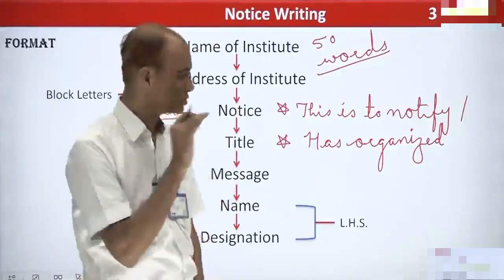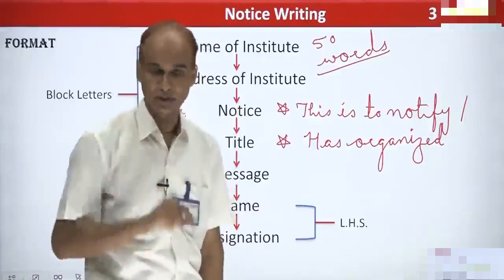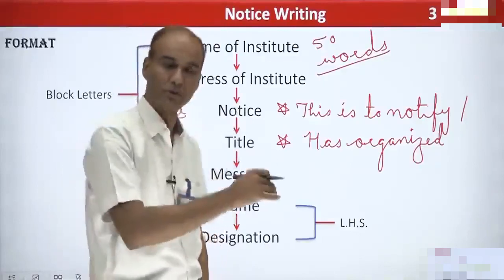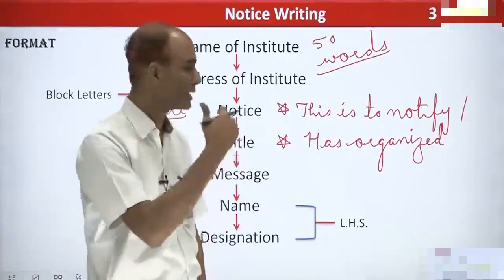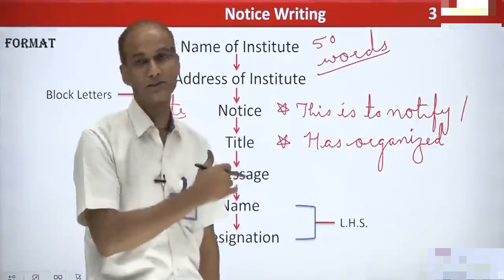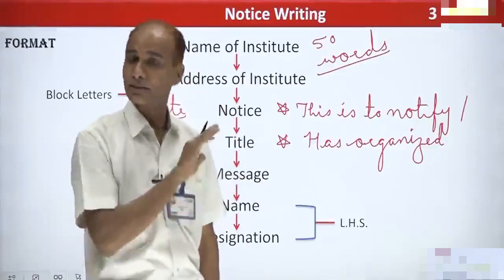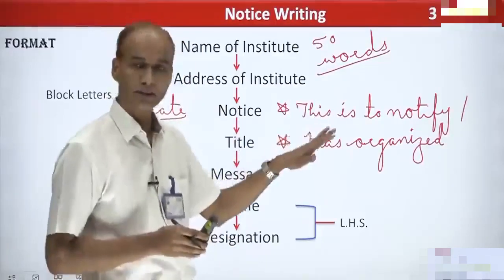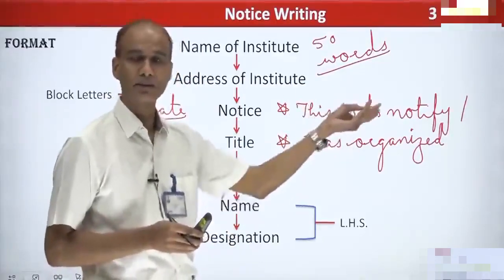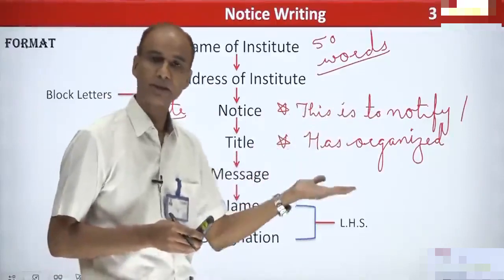Now what? You do one thing for further details: contact the undersigned. That sentence can be included at the end, and that will do the job. Hence you won't have to worry. Important details have already been included. As I said, venue, time and date have been there.